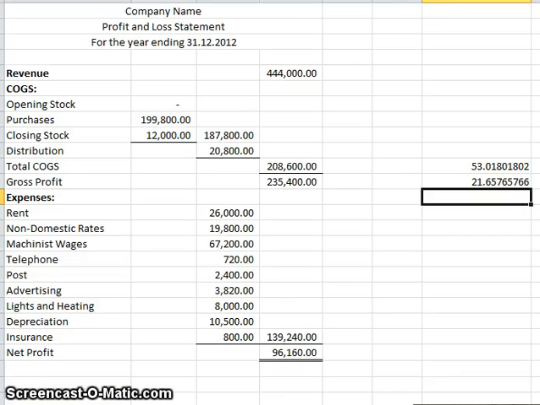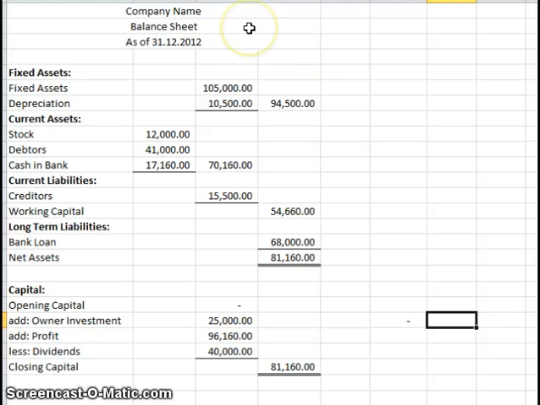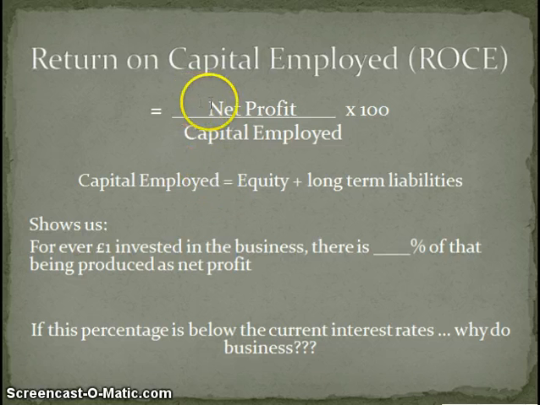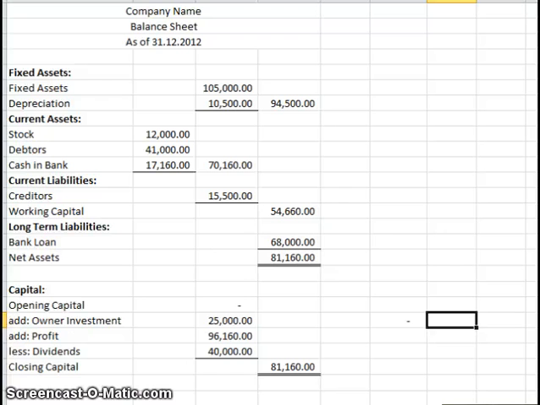So, if we go back here, we don't want our profit and loss statement this time. We need our balance sheet. So, if you recall, our formula is to take our net profit and divide it by our capital employed. So, our net profit, if you recall, was £96,160, and we are going to divide this by what we call our capital employed.